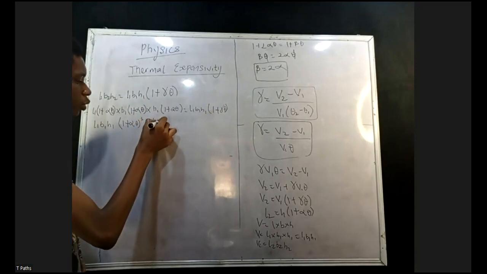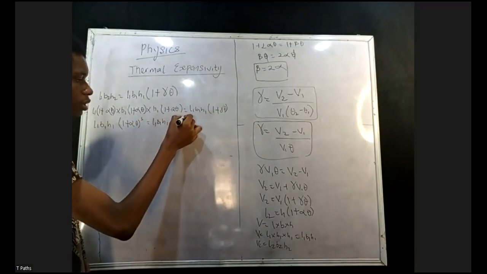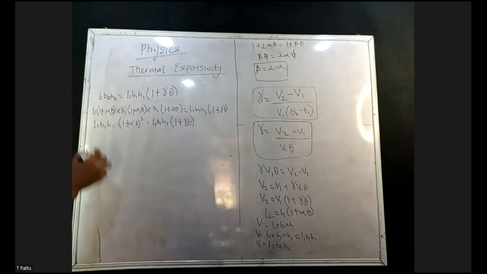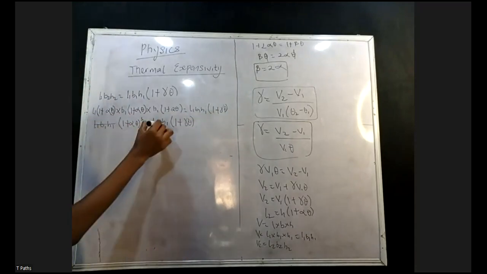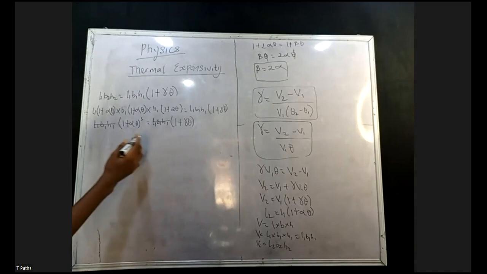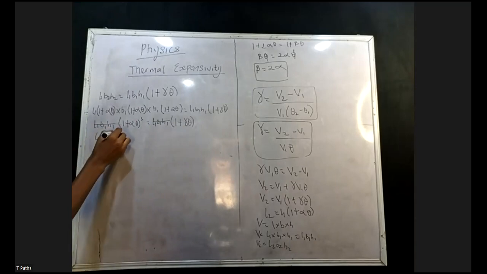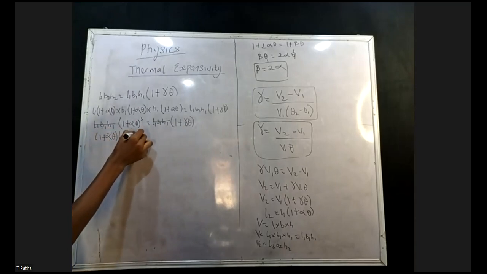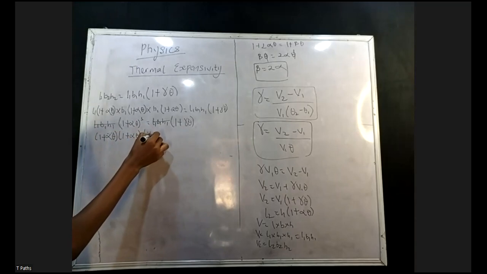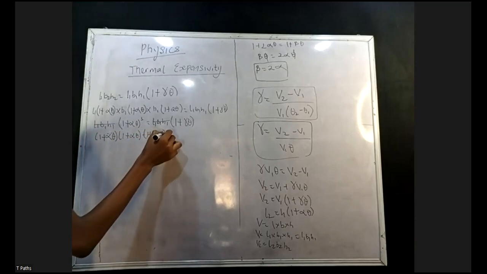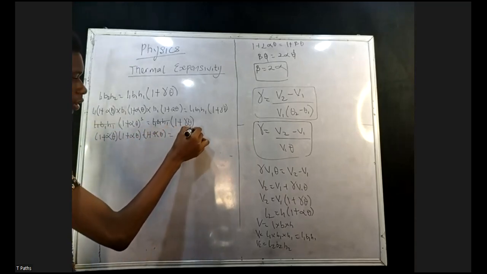Then I have L1 B1 H1 open bracket 1 plus gamma theta. So here L1 B1 H1 can cancel out, these two are going to cancel themselves. Then here I can open the brackets: 1 plus alpha theta, 1 plus alpha theta, 1 plus alpha theta is equal to 1 plus gamma theta.